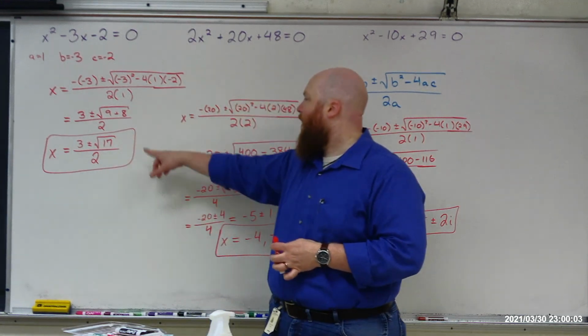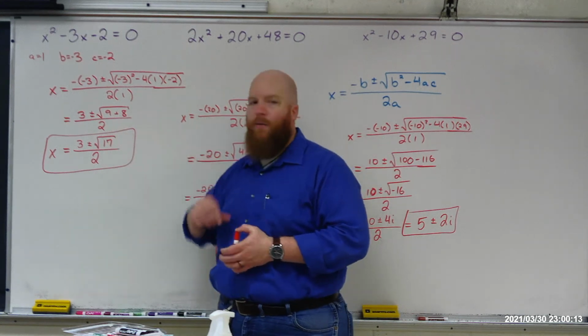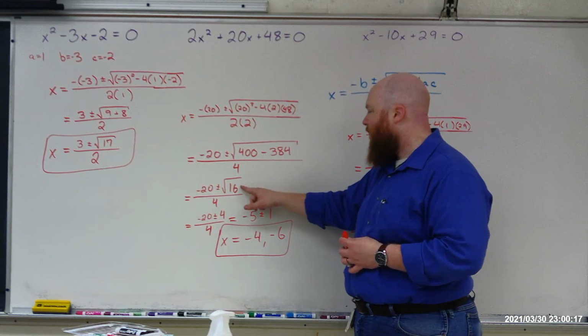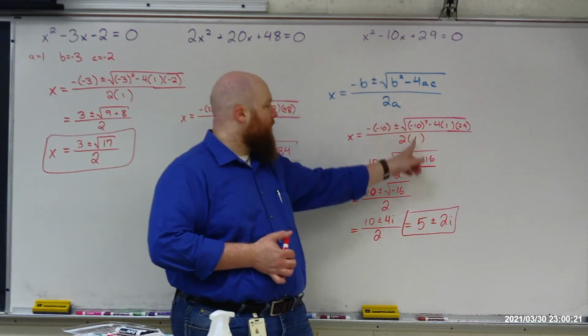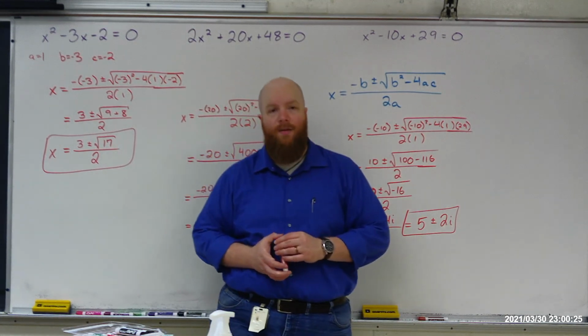That's what happened over here. b squared minus 4ac was positive, and therefore I got a real answer. Same thing here. b squared minus 4ac was positive. I got a real answer. Over here, b squared minus 4ac was negative. I got an imaginary or complex answer.